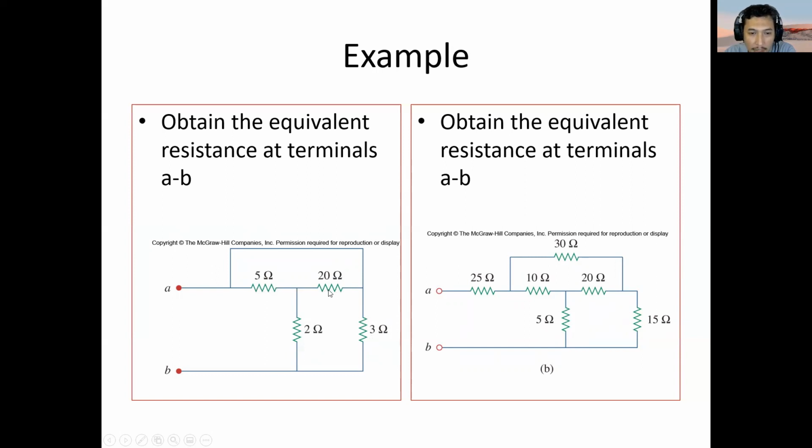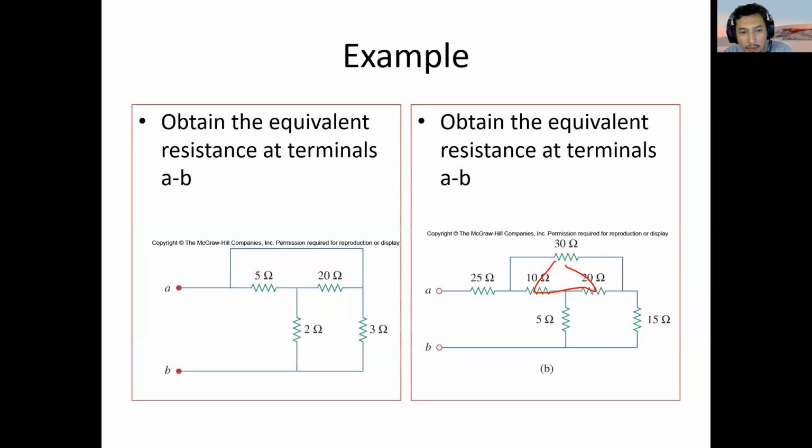So you can either choose to transform this delta into Y connection and vice versa. Okay, same case with this resistor network here. You can either change the delta to Y. So this is actually the delta connection. Okay, so you need to change that so you can simplify the circuit.